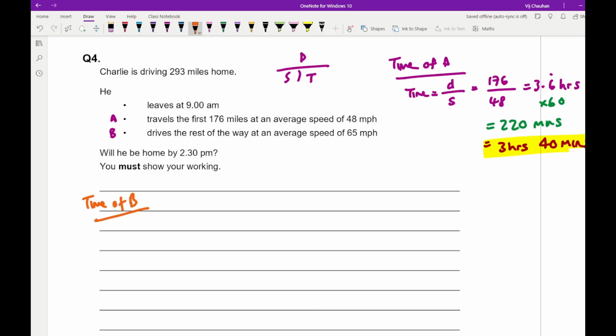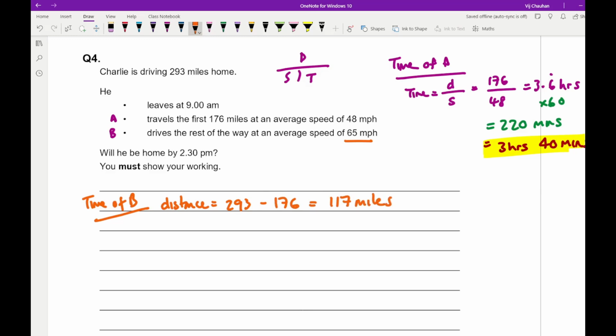So for the time of B, again, we know that we then need to work out the distance, because at the moment all I know is the speed. So the distance is going to be 293 minus the distance travelled in A, which is 176, and that comes up to a total of 117 miles.